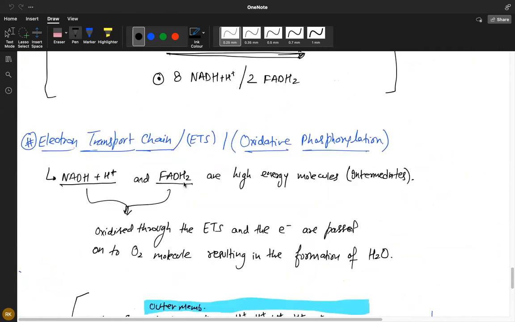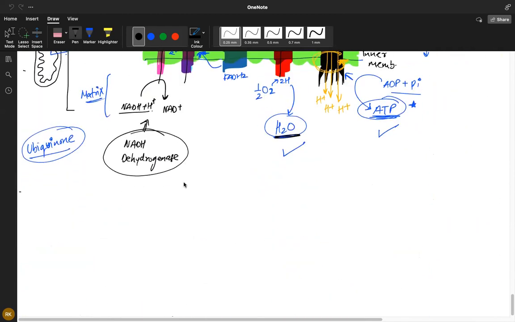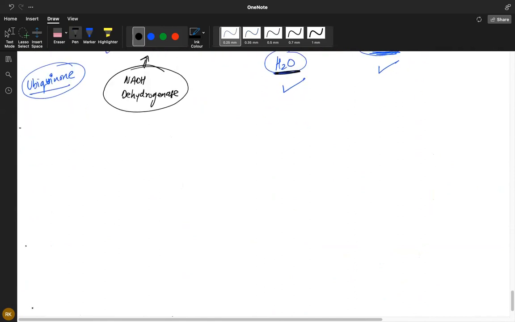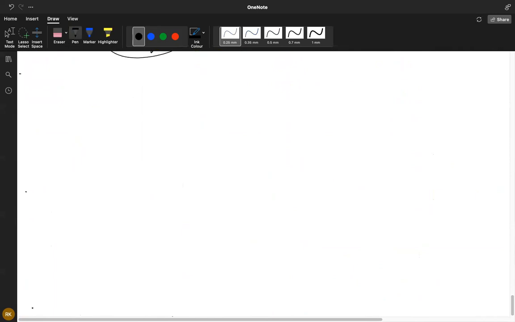So we have completed aerobic respiration, also including the electron transport chain. And in today's class, we will start with what happened after completing the aerobic process, what is the balance sheet.